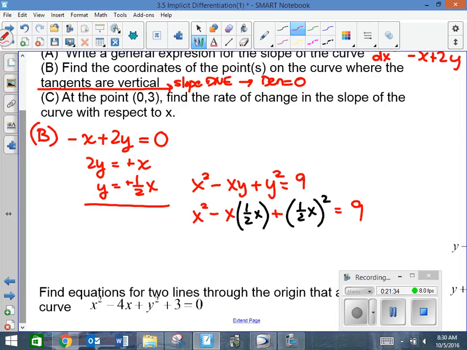Now we're down to x's, so we can solve for x. So x squared minus 1/2 x squared, and then 1/4 x squared. That's 1 minus 1/2, which is 1/2, plus 1/4, so how many x squareds? 3/4 x squared.